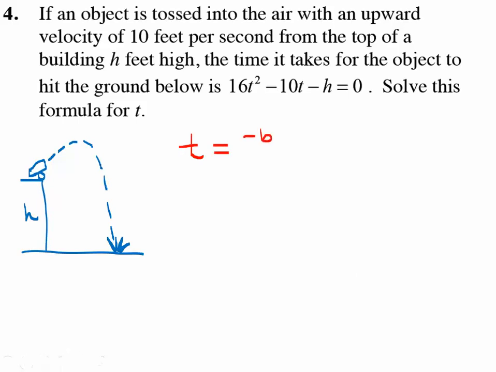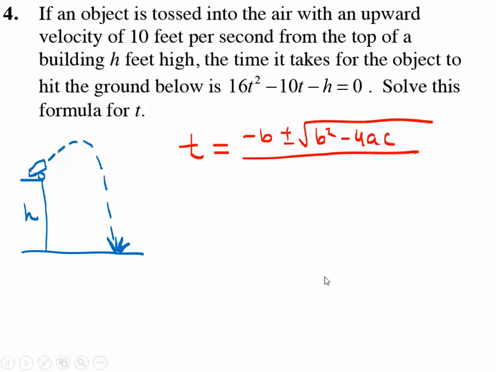So there's my formula according to this right here. That's my quadratic formula. I want to solve for t, because t is my variable. h is just a constant that's inside the equation. So let's plug in stuff. Again, if we got this, you're doing good here. So everybody okay with b being 10? Right, or negative 10 in this case.